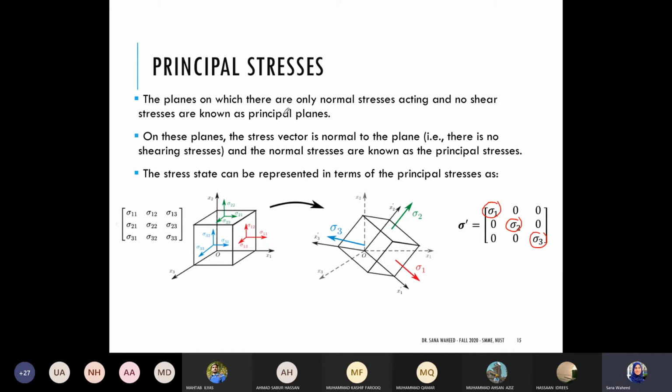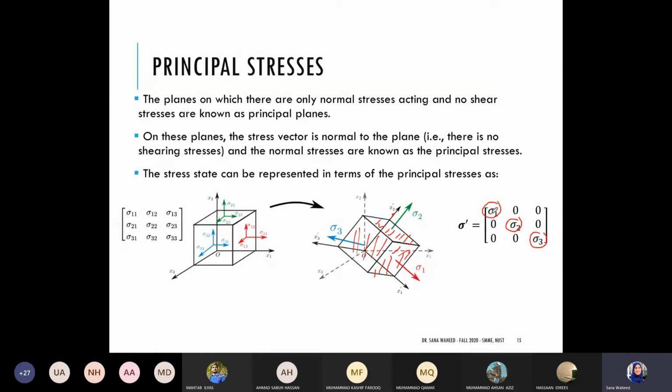When you find the principal values, we transform this same stress tensor in such a direction, in such a view, in such a coordinate axis. And when I now consider my x2 prime face, x3 prime face, x1 prime face, when I look at these planes, then for these I only get normal stresses.